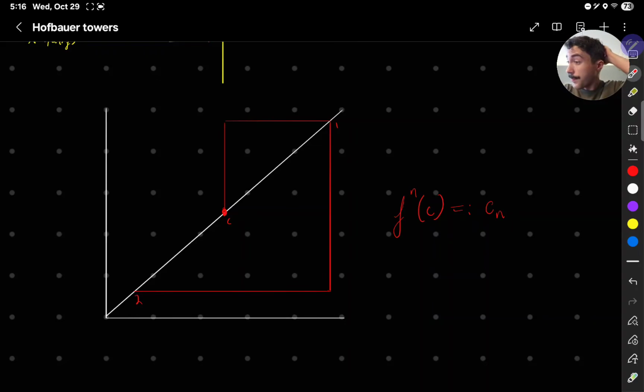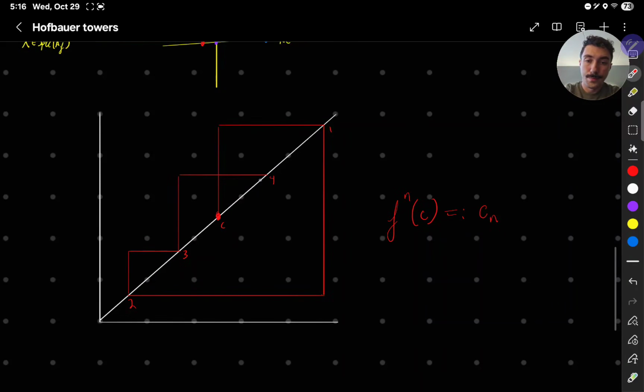Now we've got C3, and that's going to be just in between 2 and C. C4 lies between C and C1. C5 lies just below that.